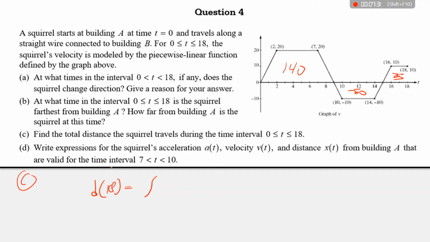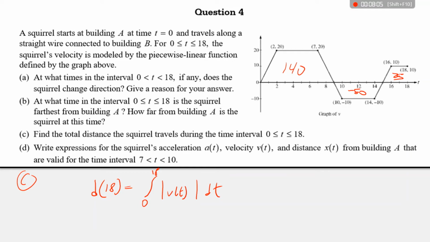Distance at t equals 18 should be equal to the integral of the absolute value of velocity from 0 to 18, dt.